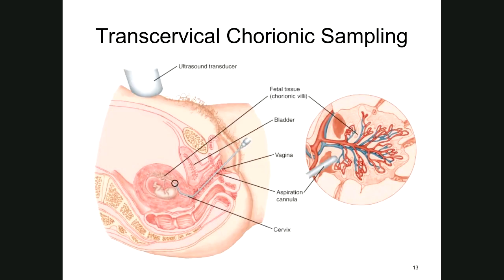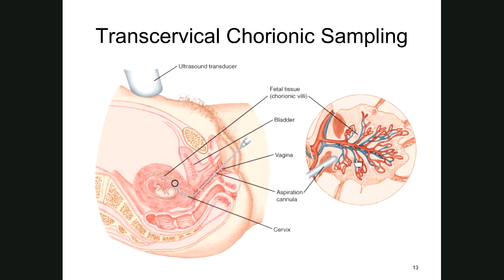This image here shows what transcervical chorionic villus sampling looks like. This image should look really familiar. We talked about this in our last lecture: those fetal capillaries that come in and absorb that maternal blood. Remember, this is the intervillous space where the maternal blood gets dumped, and then the oxygen-rich blood gets bathed around these capillaries, and that's where the uptake of oxygen and the release of waste gets exchanged.